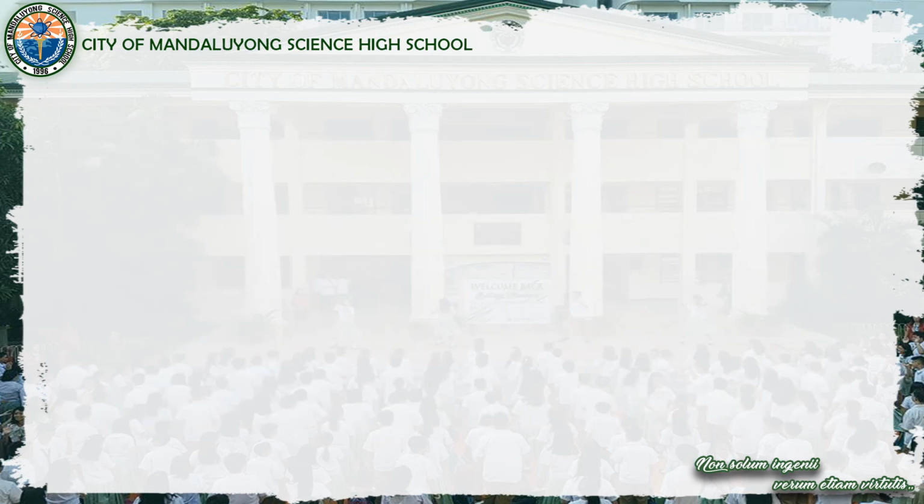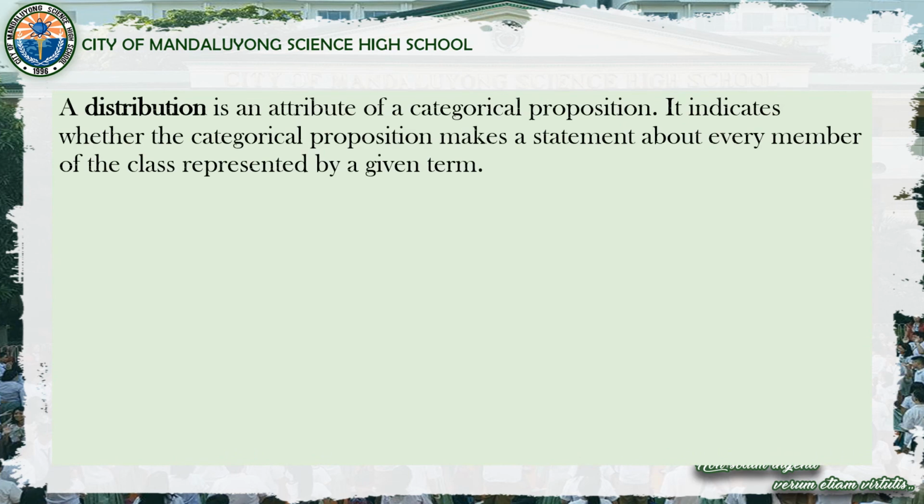Okay, so as a continuation, we have here a distribution. Itong distribution of terms in a categorical syllogism is important in proving validity and falsity. So, distribution is an attribute of a categorical proposition.